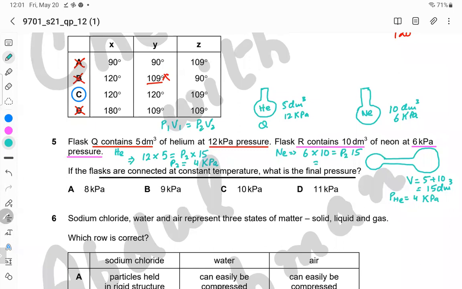Four. Yes, so 4 kilopascal. So we got the pressure of neon is also 4 kilopascal.